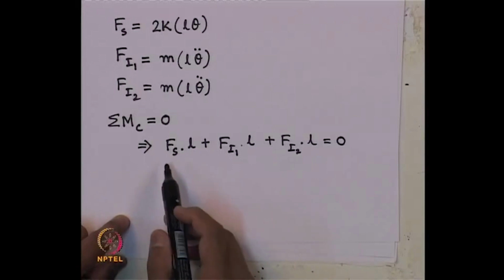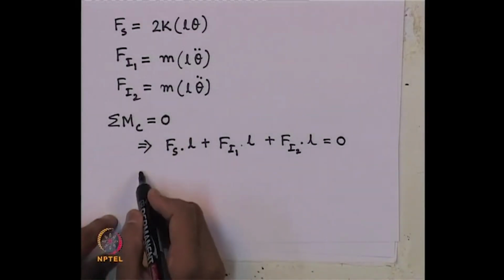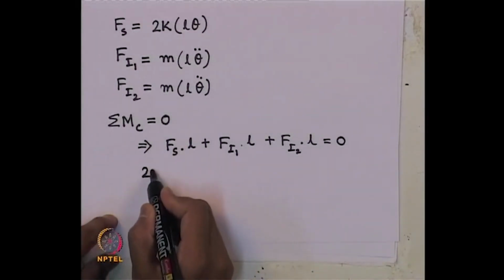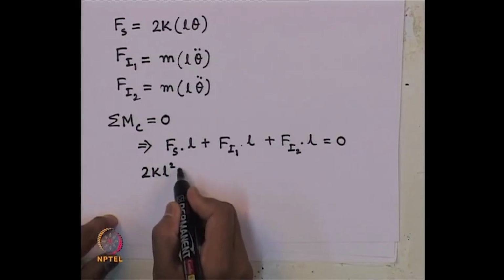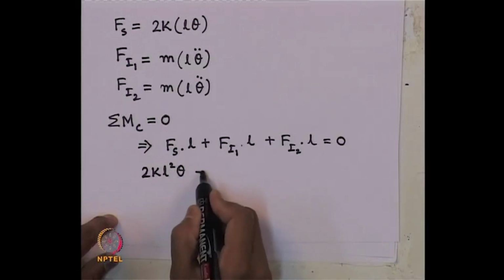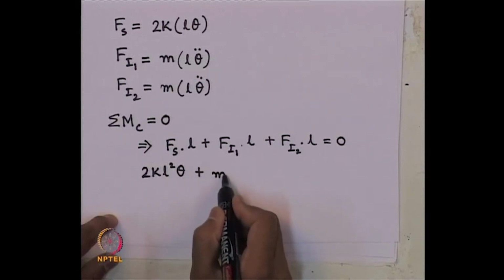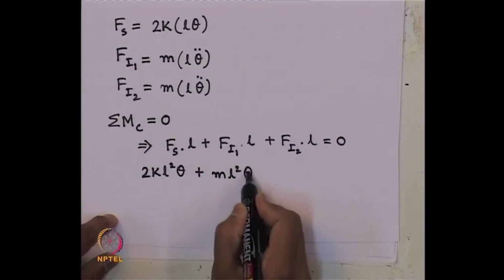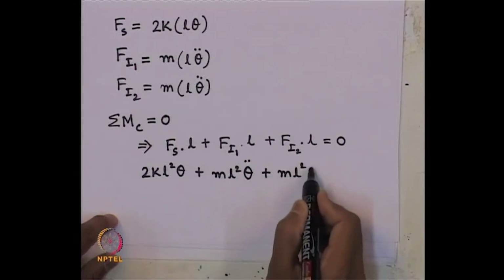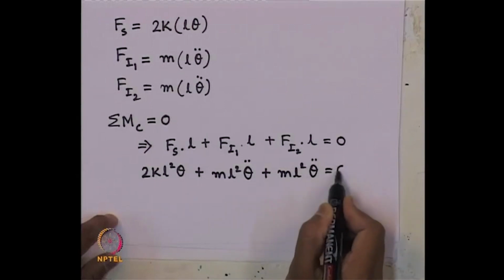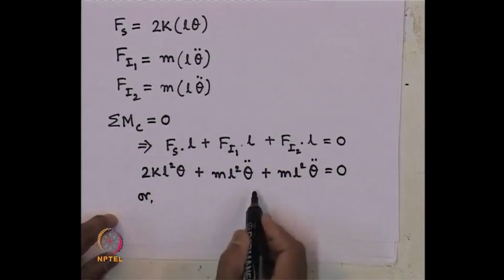Now if we put in the expression for each of them, we get 2 k L square theta plus m L square theta double dot plus m L square theta double dot equals 0.